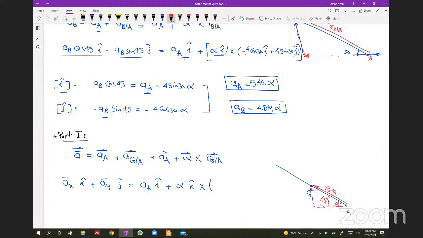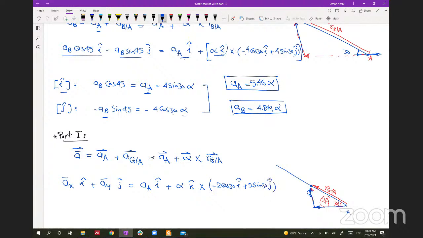This is 30, so we can get 2, and it should have negative, because this is negative I hat, so negative 2 cosine 30 I hat, and it has a positive sign in the j hat, so plus 2 sine 30 in the j hat direction.